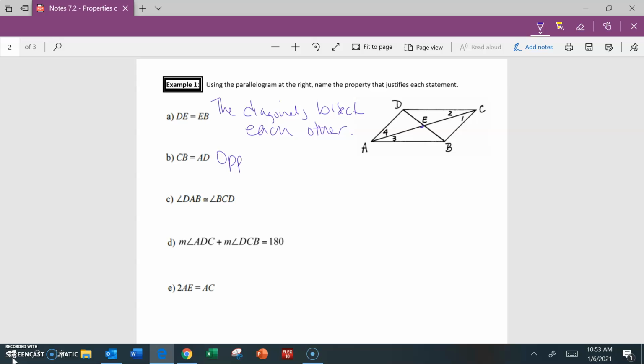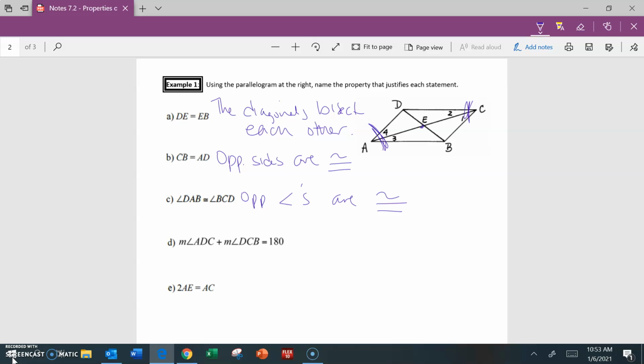Because in a parallelogram, opposite sides are congruent, or their symbol for congruent. Why is angle DAB, which is right here, equal to angle BCD, which is right there? That's because in a parallelogram, opposite angles are congruent.